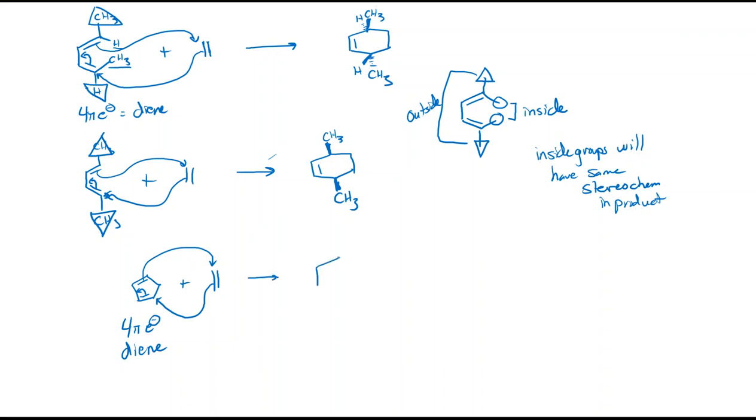Now we're going to have a 6-membered ring. It's going to have a pi bond. Now this is carbon 2, carbon 3, carbon 1, and carbon 4, right? The double bond is between carbons 2 and 3. But then what we have is this CH2 group, this neutral sp3 carbon that's halfway between carbons 1 and 4.